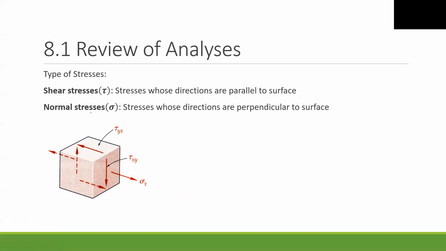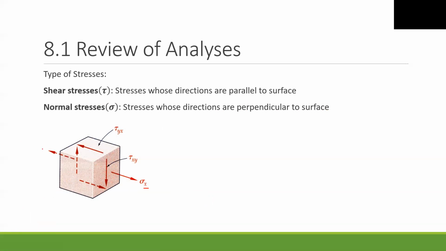The second type of stress is the normal stress. Normal stress acts in the direction perpendicular to the surface. So there's only one subscript on sigma. You can see sigma x is the direction perpendicular to surface x.